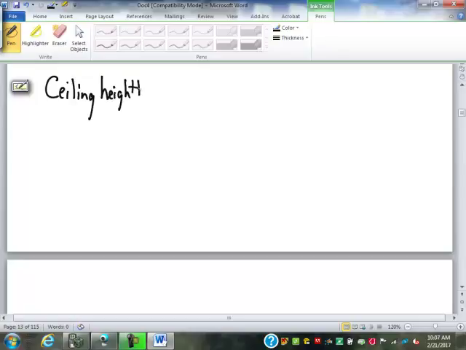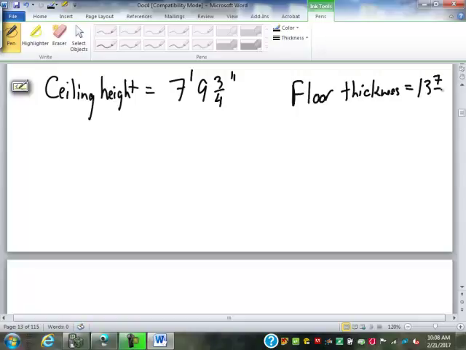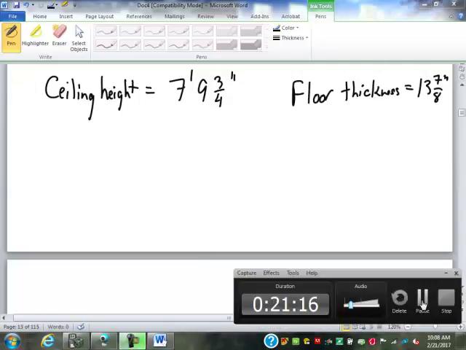So if you have a ceiling height, 7 foot 9 3/4 inches. A floor thickness of 13 7/8 inches. Go through the process. Find the actual unit rise for me.